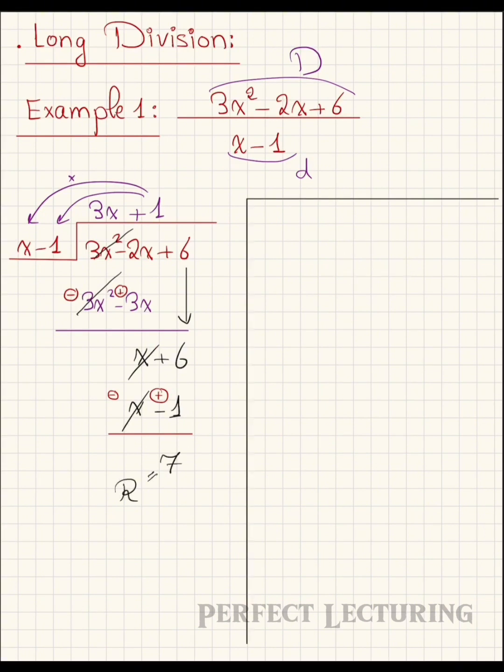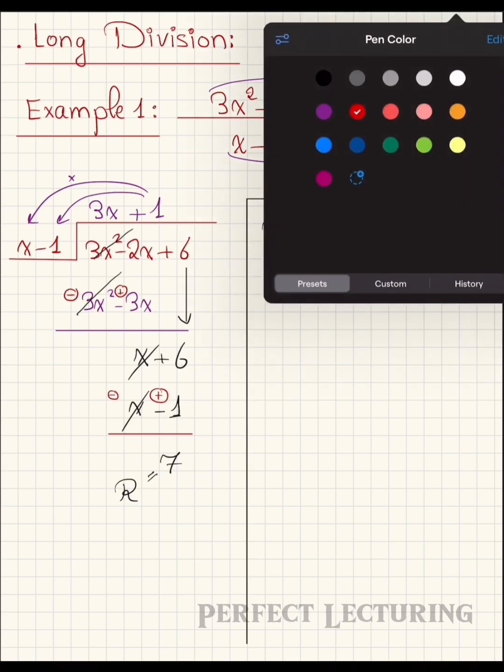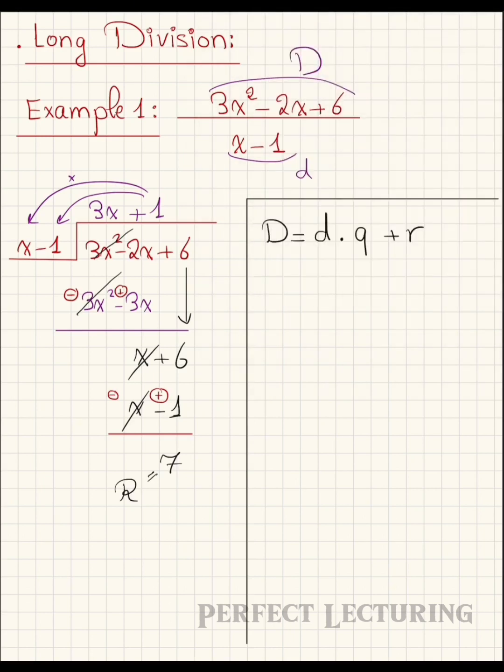Now let us apply the division algorithm here. So we said that the dividend is equal to the divisor times the quotient plus the remainder. And in our expression, this is the quotient, and as we said, this is the remainder. I'm going to use small r here.